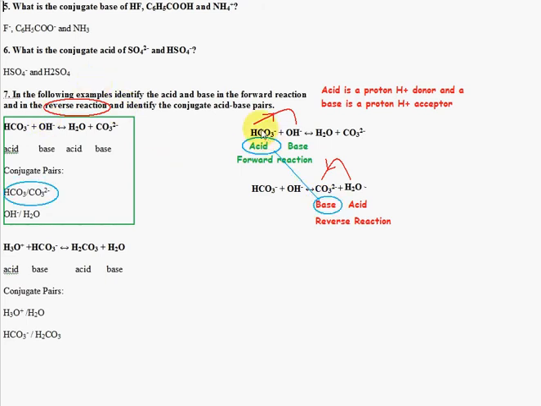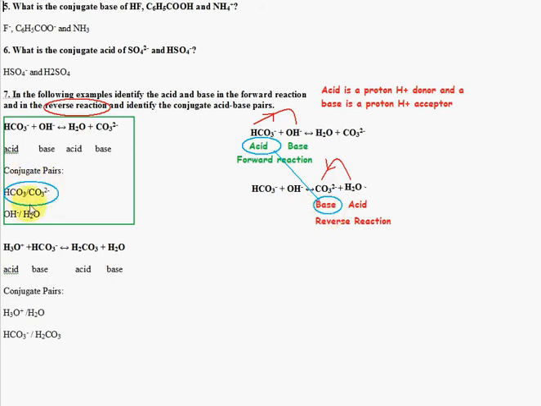So you see that the HCO3 was an acid in the forward reaction, but the CO3 in the reverse reaction is actually a base, which means that they are the opposite of each other, and this is what a conjugate is. These two, the HCO3 and the CO3, become what is known as an acid-base conjugate pair, and you see that over here.